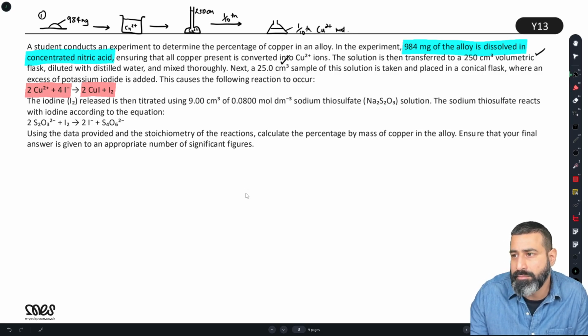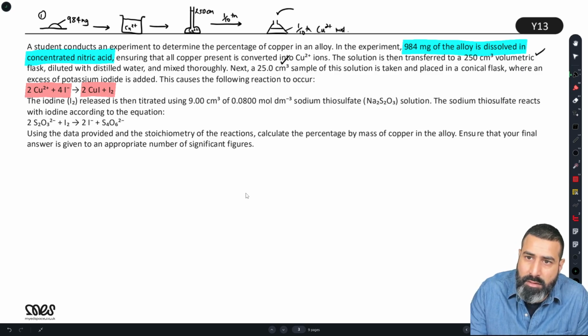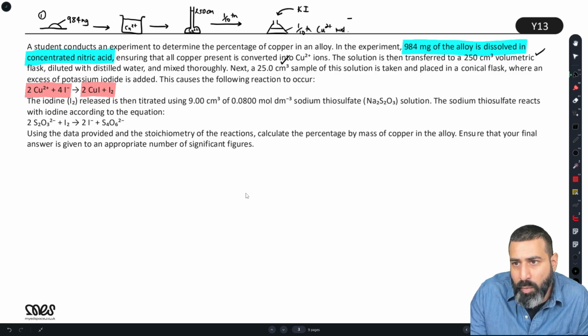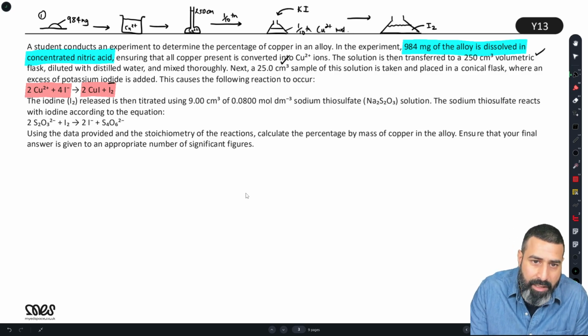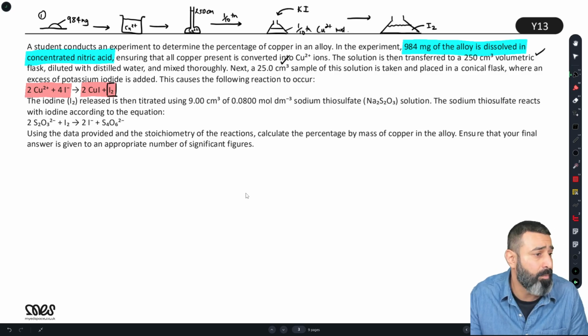So in here, after that reaction, I add excess KI, and what happens is now, if we think about this, try and draw that conical flask bigger, I have some I2 in here from that first reaction. So the I2 is generated from that first reaction, okay?